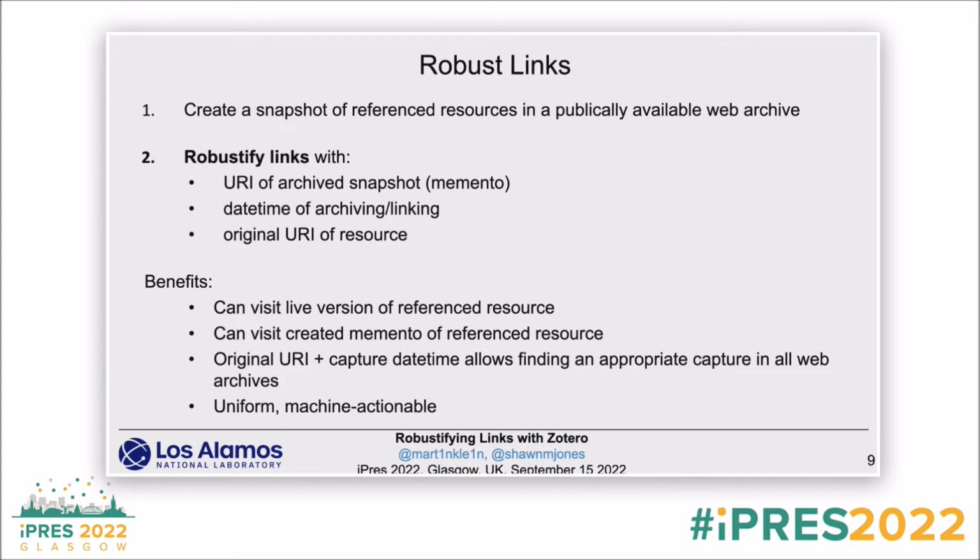Or C, if that archival version is not available either because, for example, the archive has disappeared, I can still use the original resource URL and the datetime of linking as two pieces of information that I need to find and discover other archival snapshots of that cited resource in different web archives. So I have several different fallback mechanisms that make a link more robust, for sure. And of course, our approach is uniform and machine actionable, as we'll see in a second.